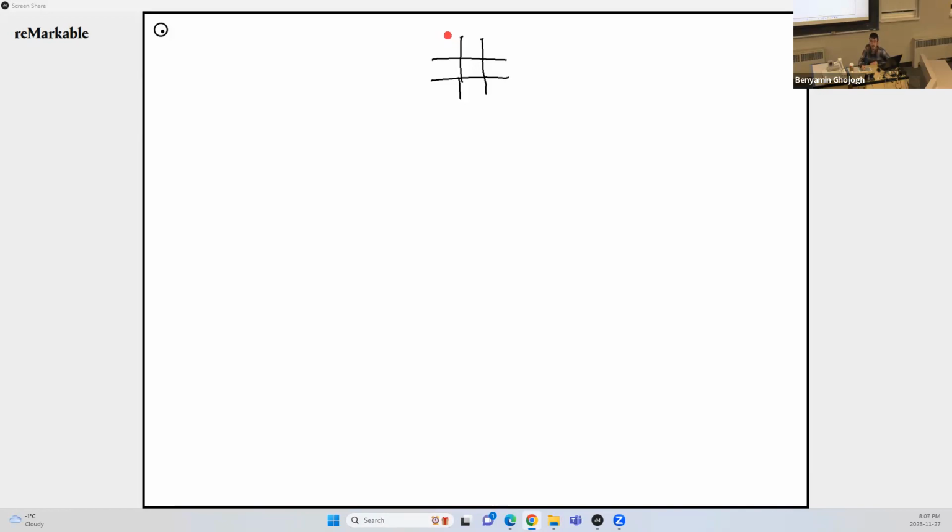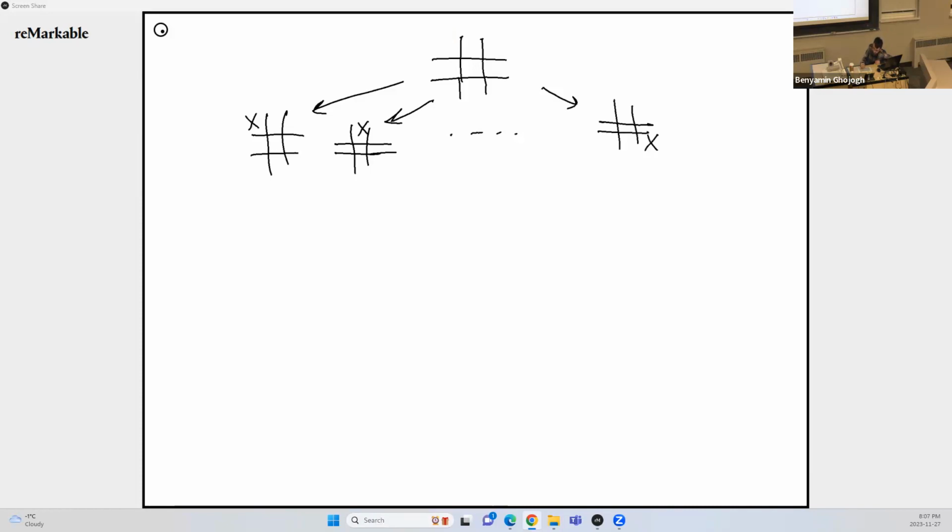Consider tic-tac-toe. Okay. The tic-tac-toe game is this. Then how many cases do I have? You tell me. Either I put my star here, or here, until here. How many? 9 cases.